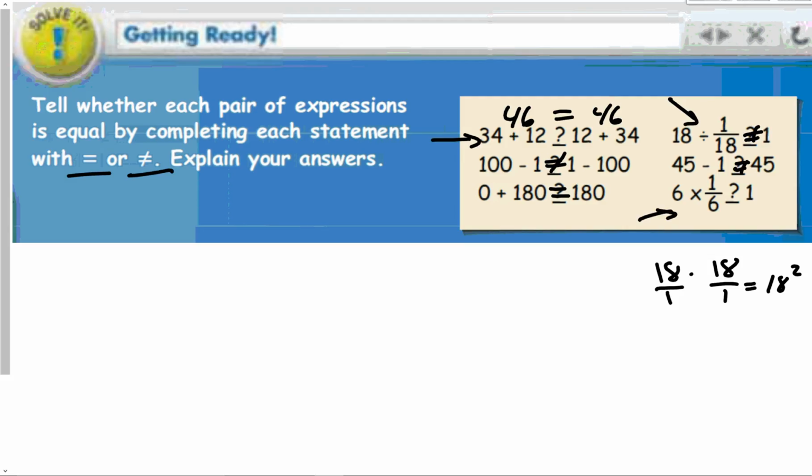Okay, and then this is an important property right here, this last one. So that's going to be 6 times 1 over 6, which, if I multiply across the top, I get 6. Multiply across the bottom, I get 6 as well, which is 1. 6 over 6 is 1. So that's going to be an equals.